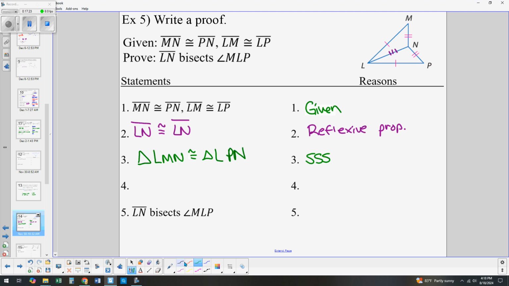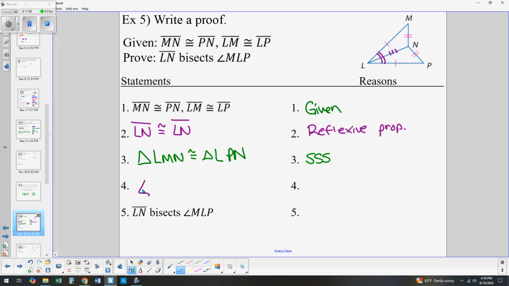I'm going to jump ahead to my proof statement for a second, and I'm going to say I want to prove that this segment here cuts angle MLP in half. In order for me to say that MLP has been cut in half, I should know that these 2 angles are the same. Those 2 angles happen to be corresponding angles in my congruent triangles.